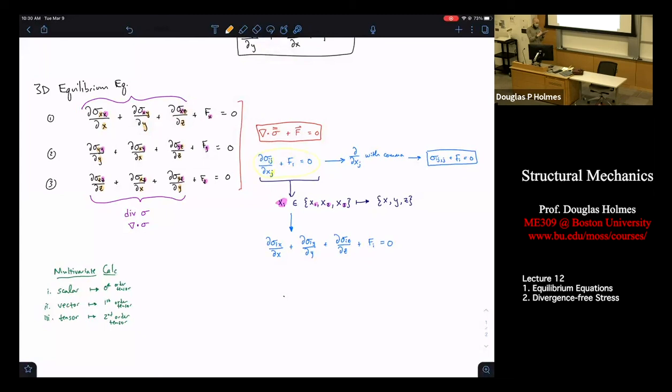A gradient takes whatever object you give it and levels it up. Temperature is a scalar. If you take the gradient of temperature, you get a vector field. Displacement is a vector. It's got a quantity and a direction.